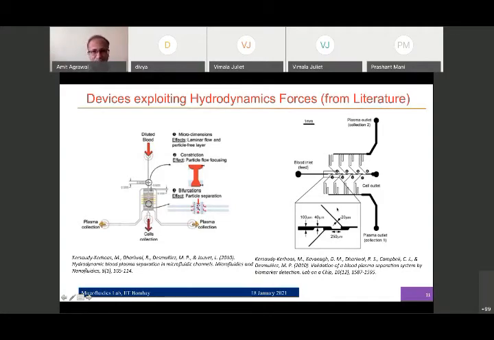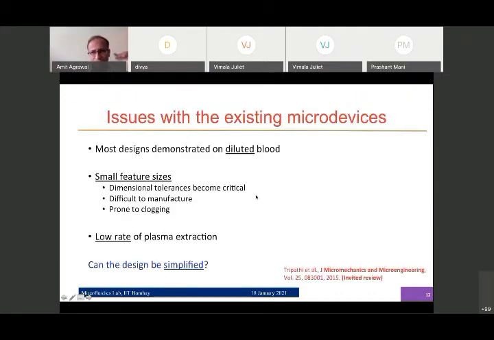But we have looked at two major categories of devices, one which are filtration based and the other which are hydrodynamic based. And we realize that there are issues or limitations with these existing devices, and those things are summarized in this slide. The major one being that most of these devices are actually demonstrated on diluted blood.